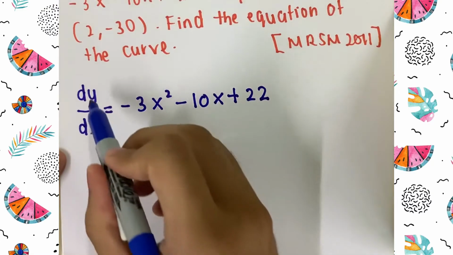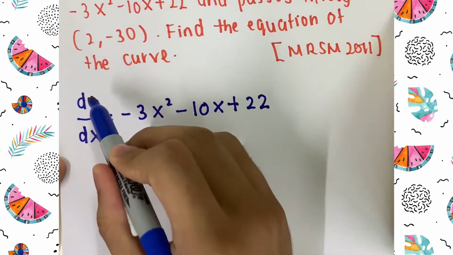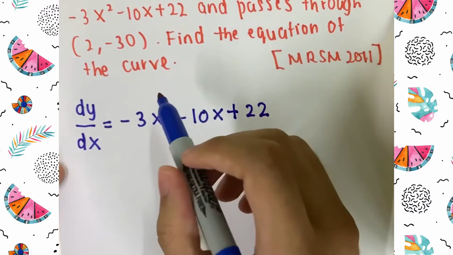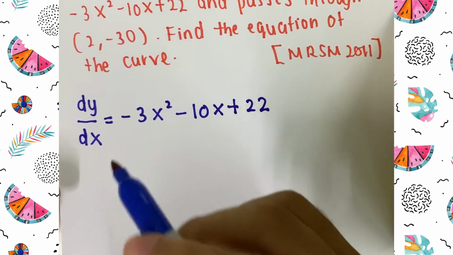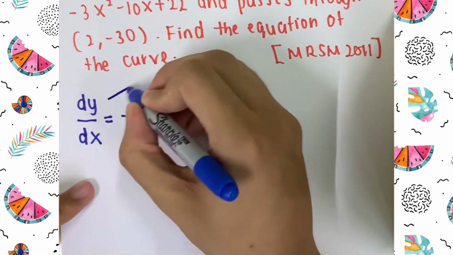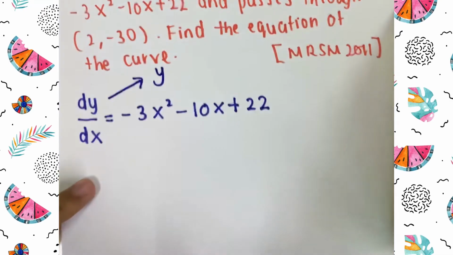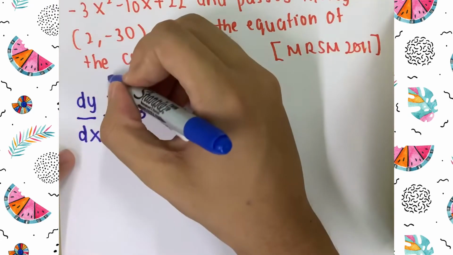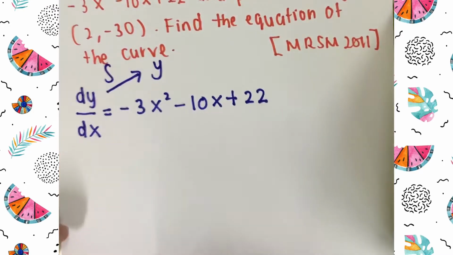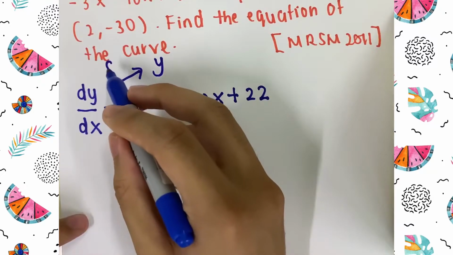So from derivative function or from gradient function, I want to find the original function. I have to integrate. So if I want to find my y, if I want to find my original function, I have to integrate. So this is integral sign.